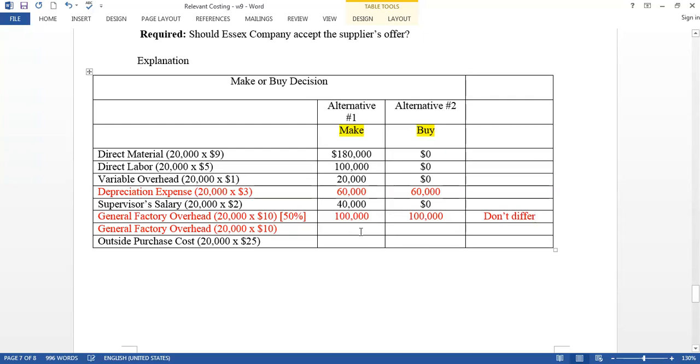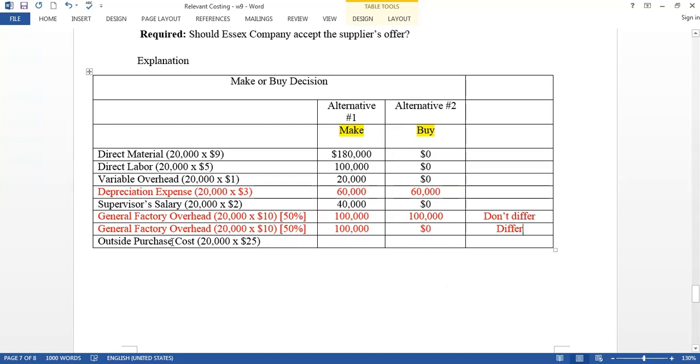That means another half, another 50%, 100,000 does differ. Do you understand?